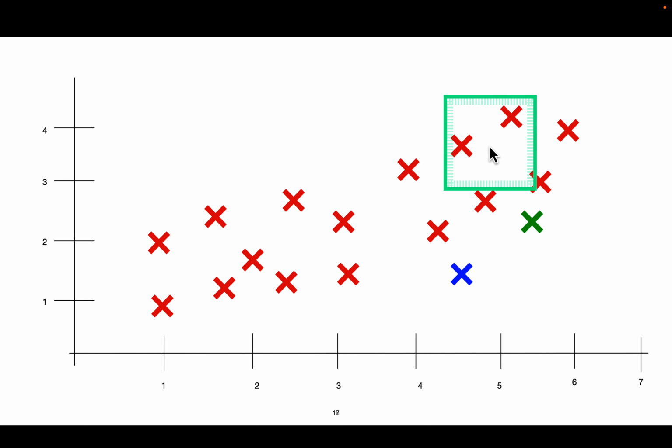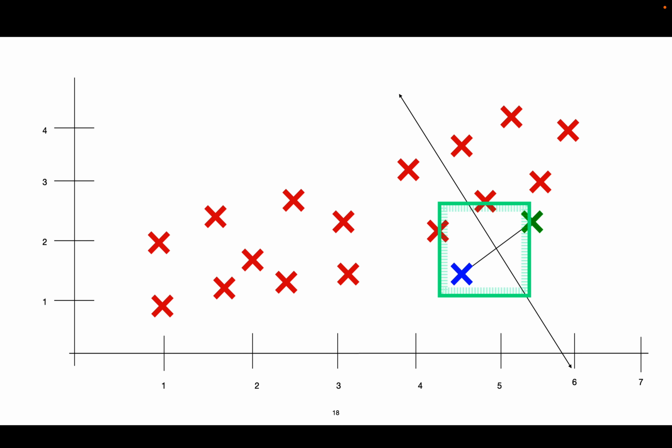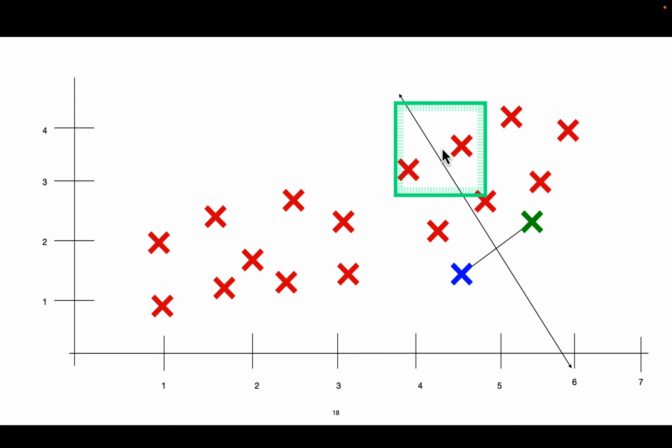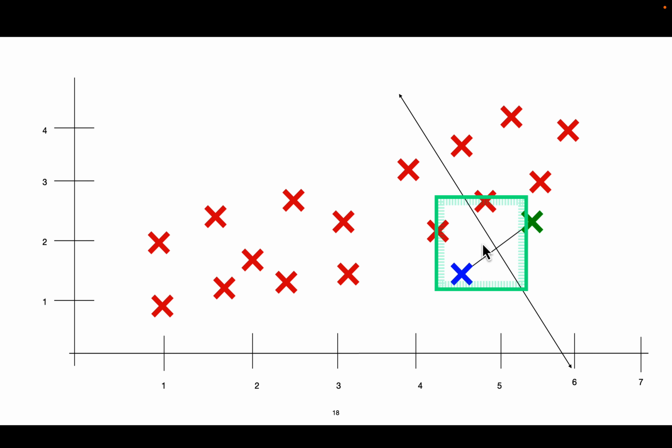If you want to visualize, you can just use this simple technique. Just connect these 2 points with a straight line, and at exactly the midpoint, create a perpendicular 90-degree line, and automatically the points on the right side will go to the green, and all the points to the left will go to the blue cluster. It's very obvious.